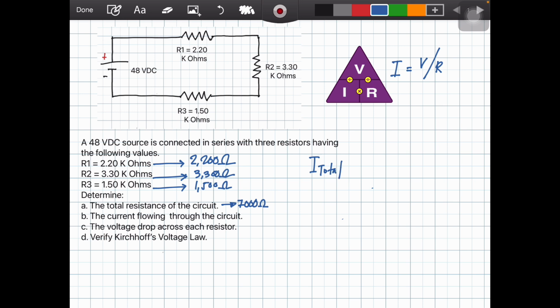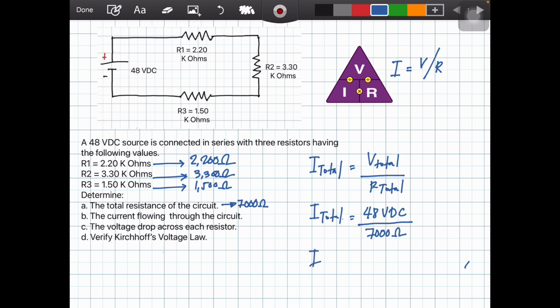I total is equals to voltage total over the total resistance, R total, which is 7,000 ohms. I total is equals to 48 volts DC over 7,000 ohms.